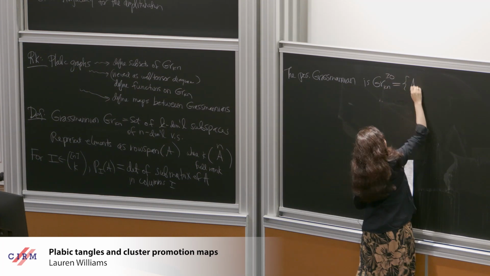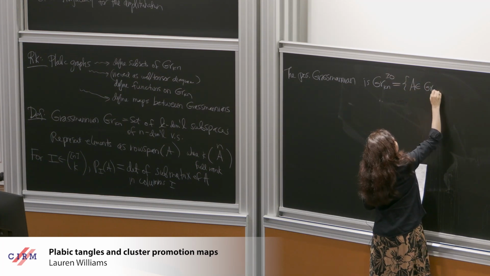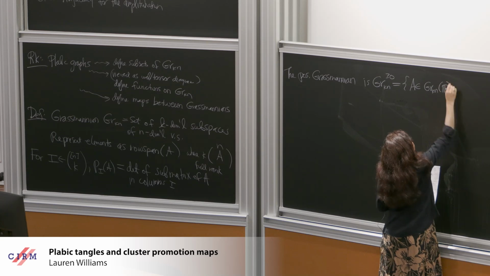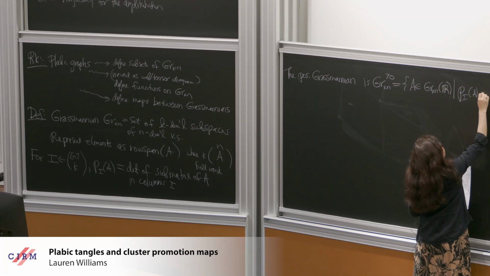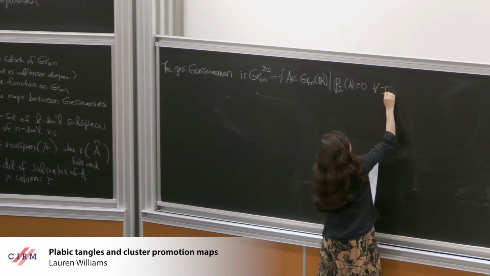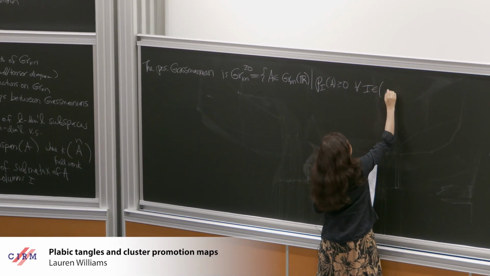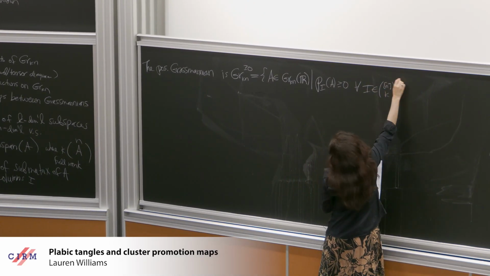This is the subset of the elements in the real Grassmannian where Plücker coordinates are non-negative for all k element subsets of 1 through n.